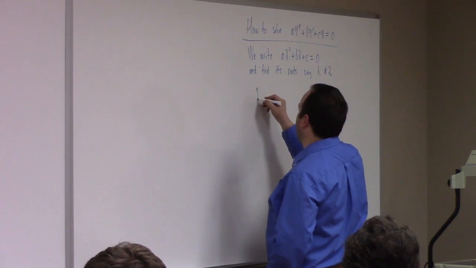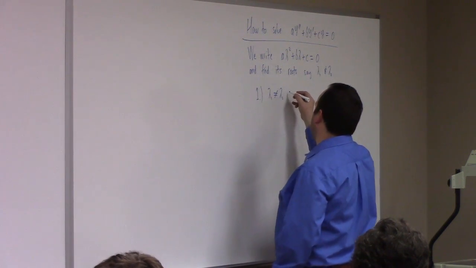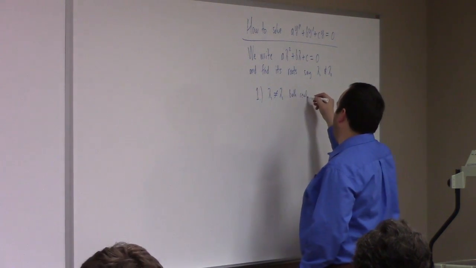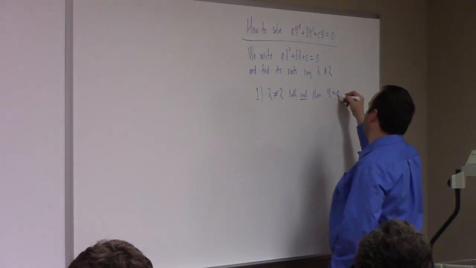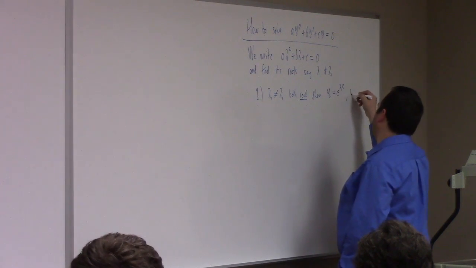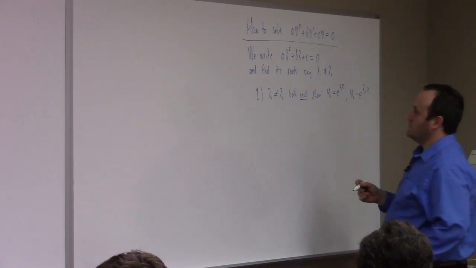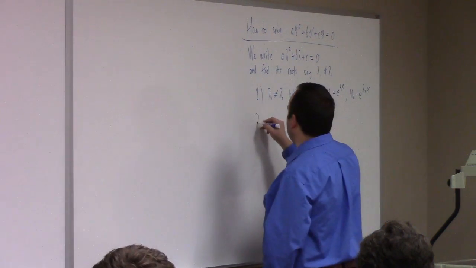Case number 1, lambda 1 not equal to lambda 2, both real. Then we get y1 is equal to e to the lambda 1 x, y2 is equal to e to the lambda 2 x. All right? Step number 2 we just worked out.